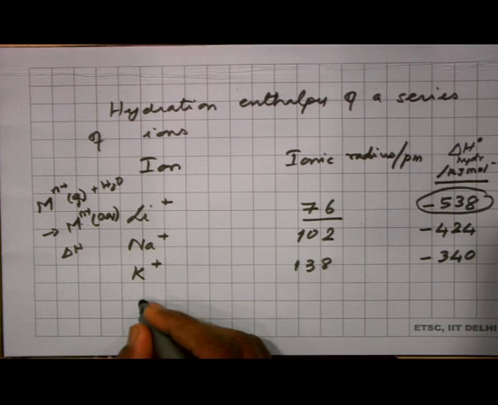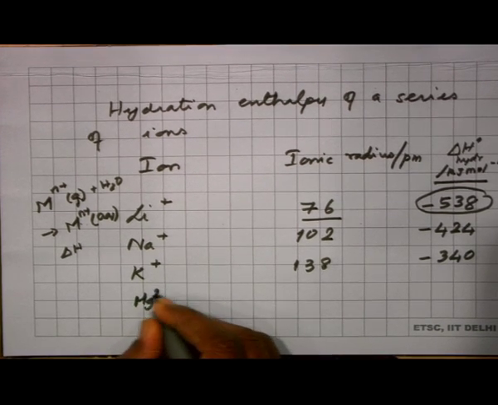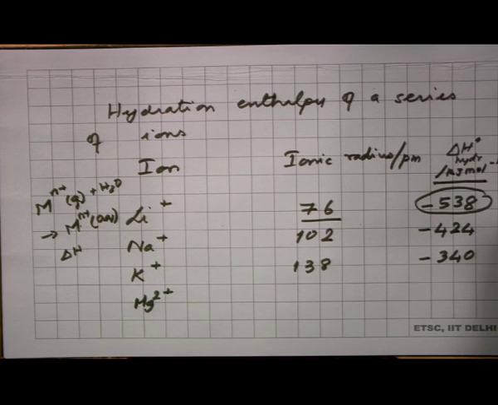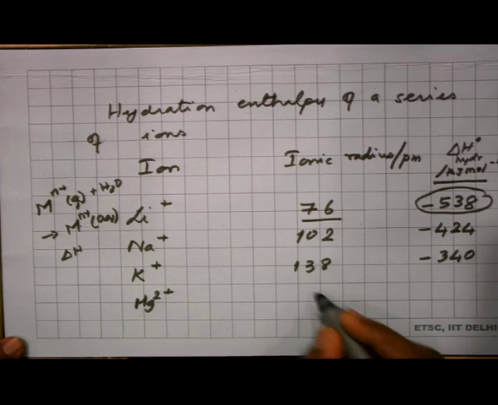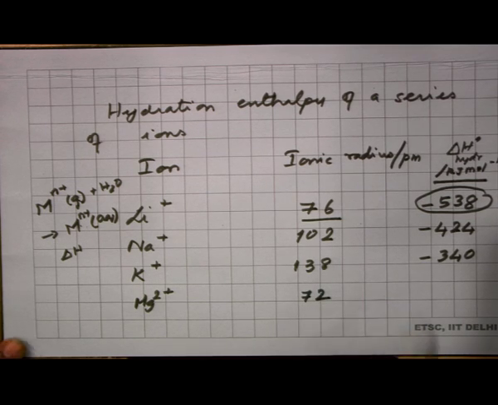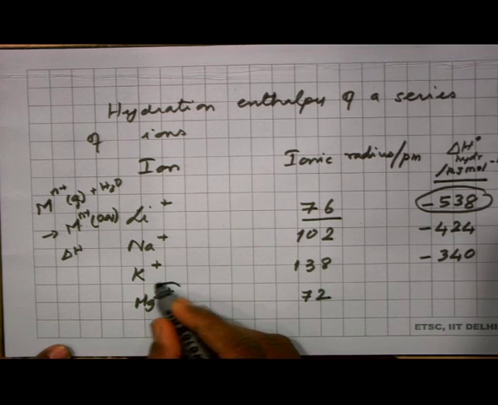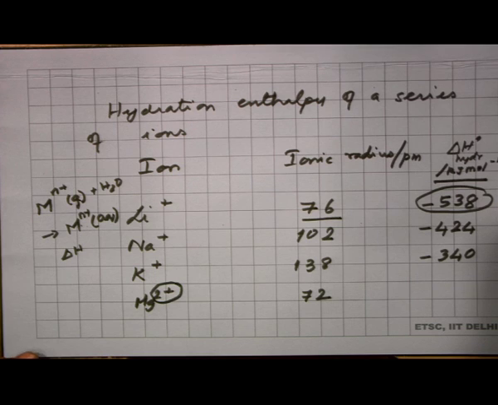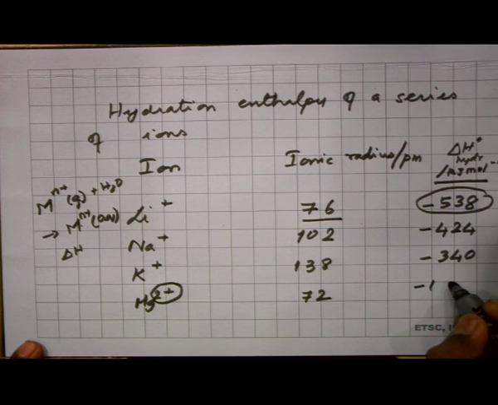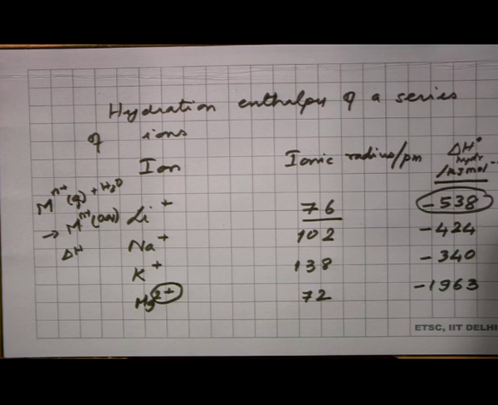If you went to the alkaline earths, Mg2 plus has an ionic radii similar to Li plus, but because of this doubly charged nature of Mg2 plus, its hydration enthalpy is significantly higher than that of Li plus, although its sizes are almost the same.